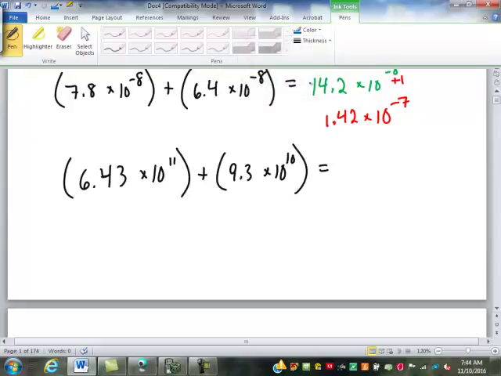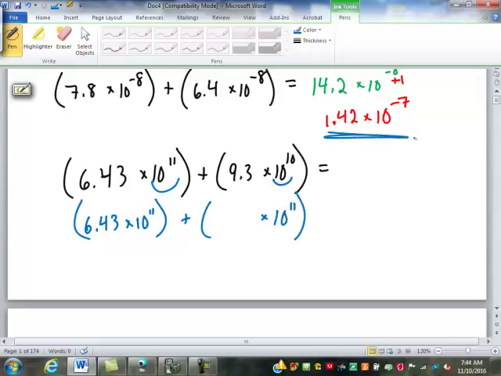Well, we're going to have to convert. Either this one's got to become 10 to the 10th or this one's going to have to become 10 to the 11th. When we're adding, we always go to the larger one. So this is going to stay 6.43 times 10 to the 11th. This is going to become times 10 to the 11th.